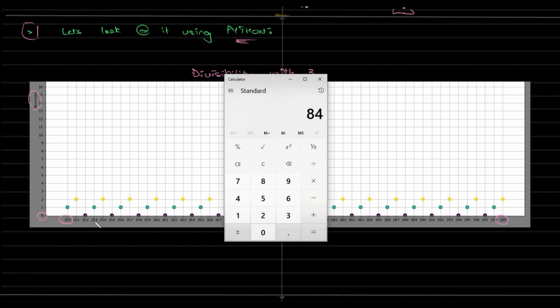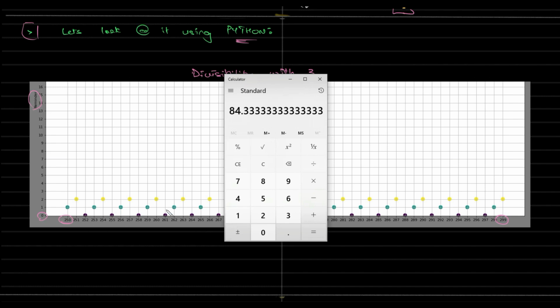But if I take any other number like 253 divided by 3, since it's showing that the remainder is 1, the quotient will be in decimal form. If we divide using decimals, you will get this. It clearly shows that the remainder is not equal to 1.